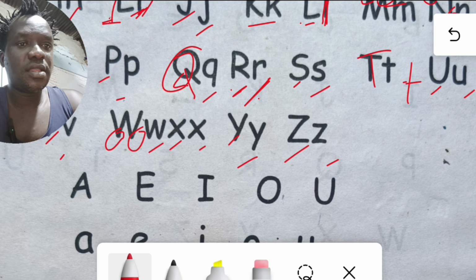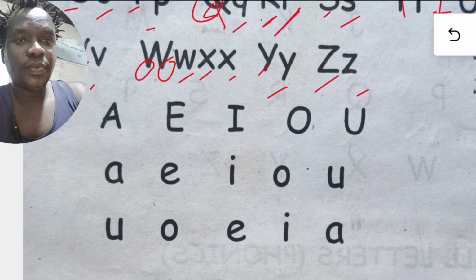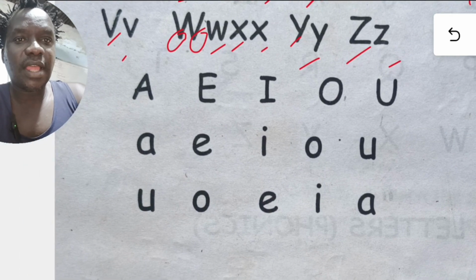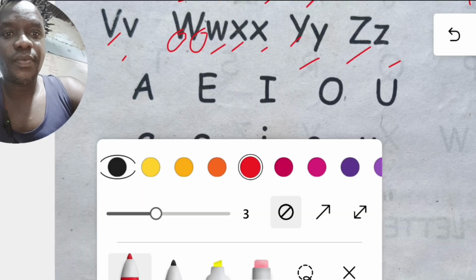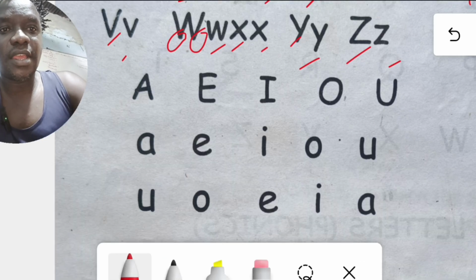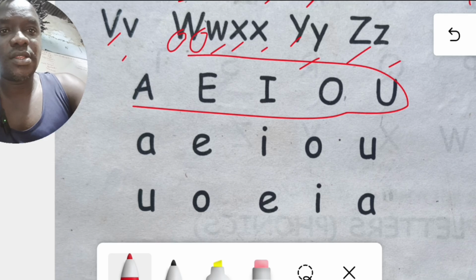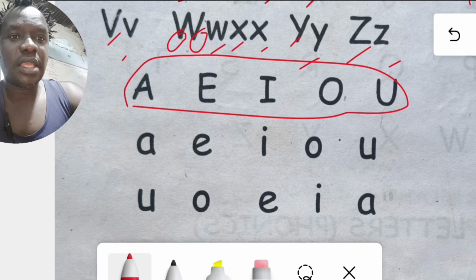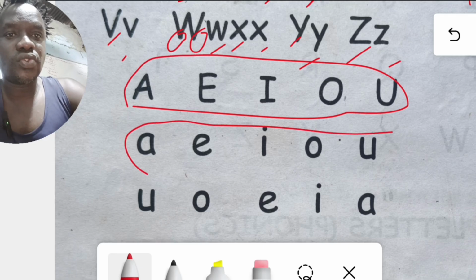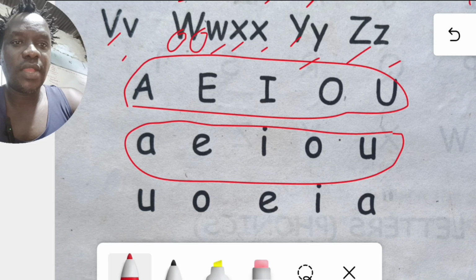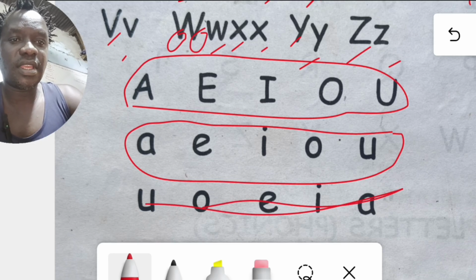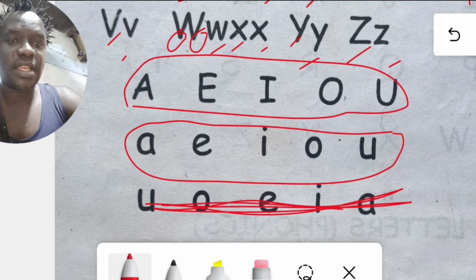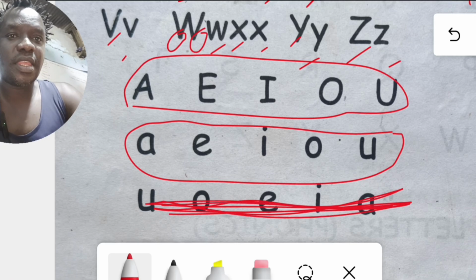And then someone can say, what are these next letters here? This one is just the opposite, it is written oppositely. Let us just cancel them.